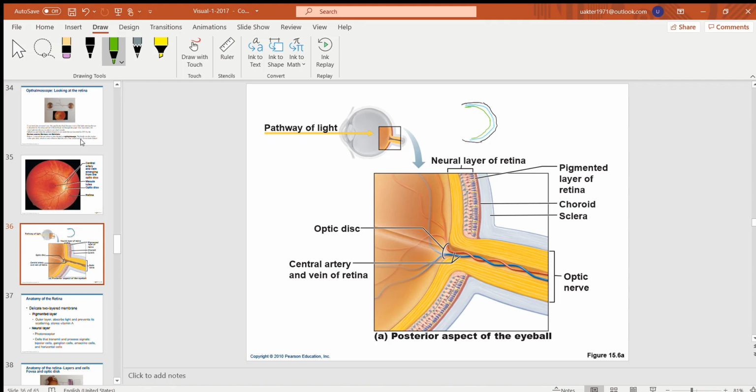Okay, and this sensory neural layer has a number of layers and different types of cells in it, right?